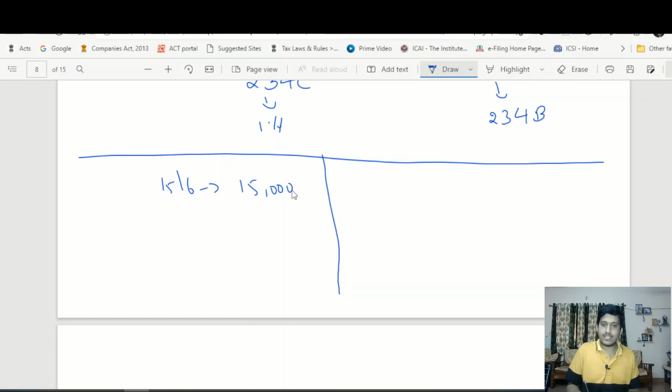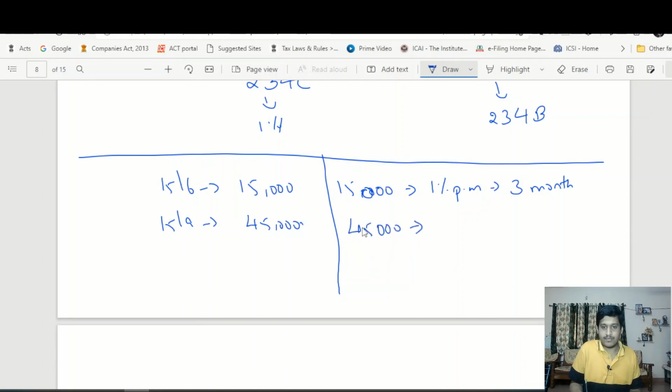So 15,000 is the shortfall again. 15,000, 1% per month for 3 months. 15th of September, which was 45,000. So the shortfall amount is 45,000 again. 1% per month for 3 months. 15th of December, again 1% per month for 3 months.